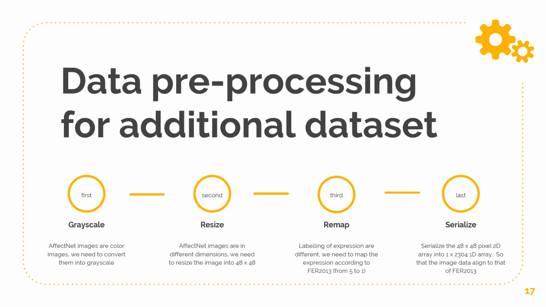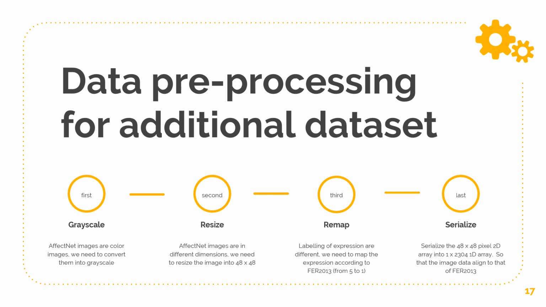As AlexNet images come in different formats than the Kaggle FER dataset, we need to do a lot of data preprocessing in order to align the data format with the Kaggle one. The first one, AlexNet images are colored images. We need to convert them into grayscale. Second, AlexNet images are in different dimensions. We need to convert the images into 48 times 48 size.